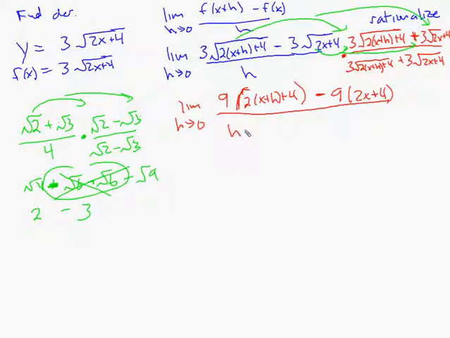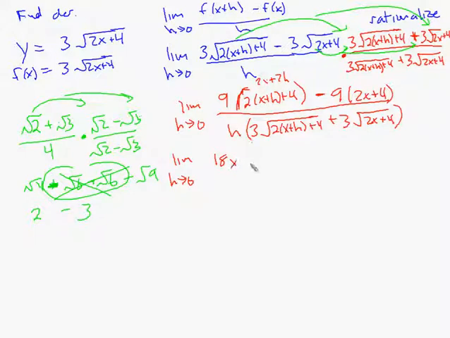Distribute that 9, minus 18x minus 36, all over h times all that stuff. That 4 is inside of there. Okay, let's see what cancels. Those, and I have an 18h, right? Which means the h's cancel, don't they?